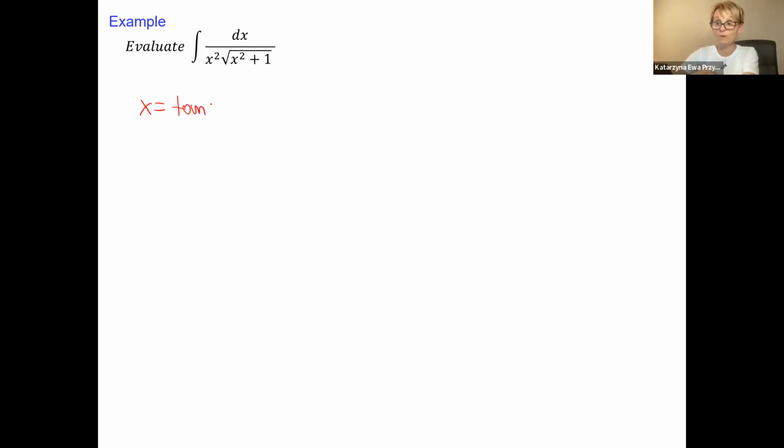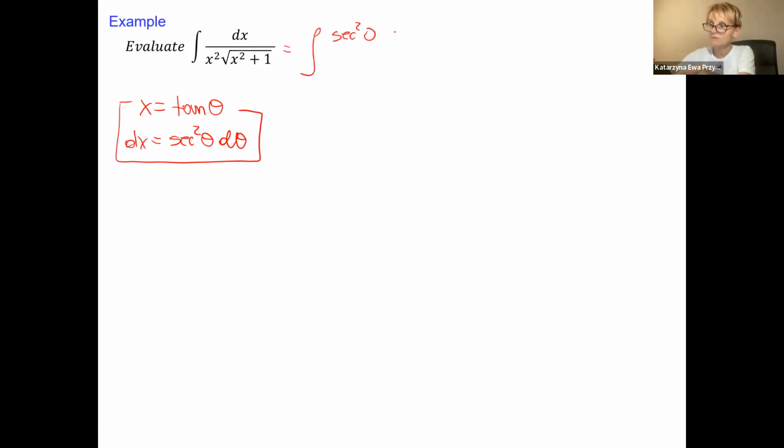When both are positive, it will be tangent. Yes, tangent, thank you. Dx is derivative of tangent, secant square theta d theta. Let's see what we will get.